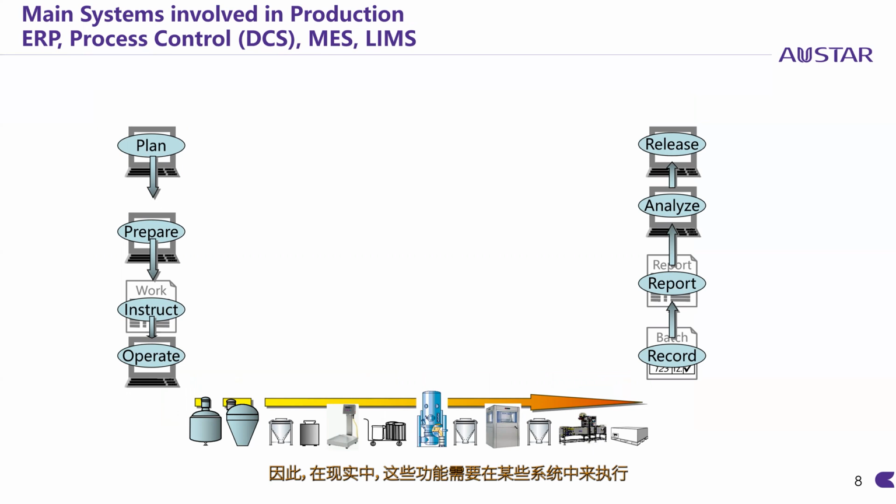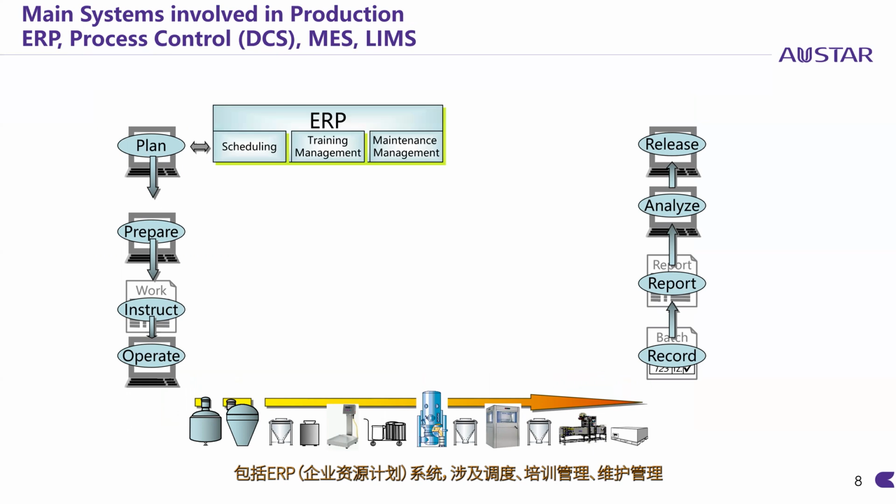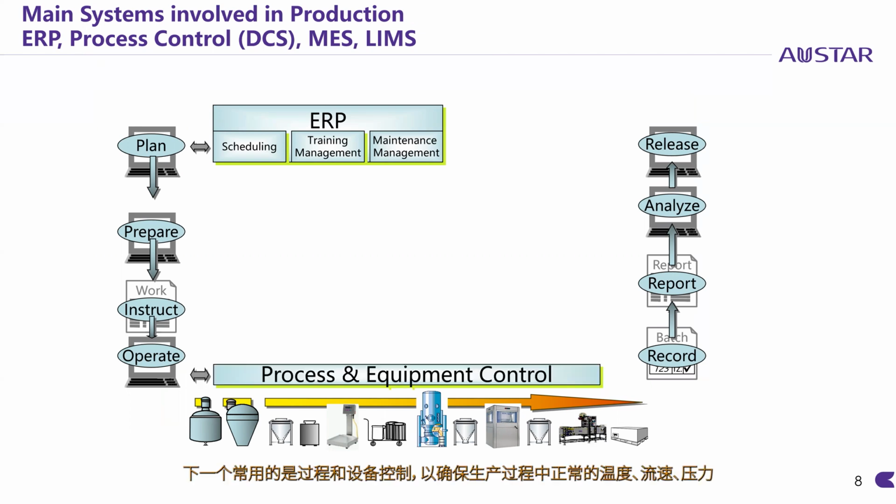So in our world, these functions have to be executed in certain systems. And these systems as an example here are the ERP, Enterprise Resource Planning System, where scheduling, training management, maintenance management may happen. The next piece of equipment that we are using is obviously process and equipment control.